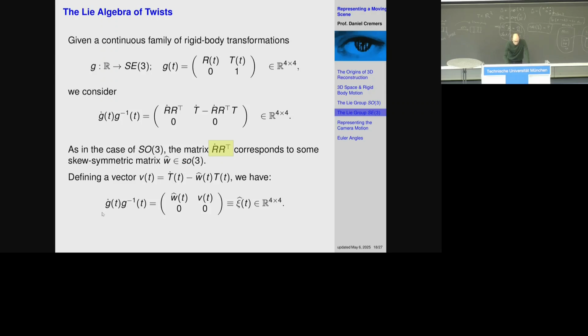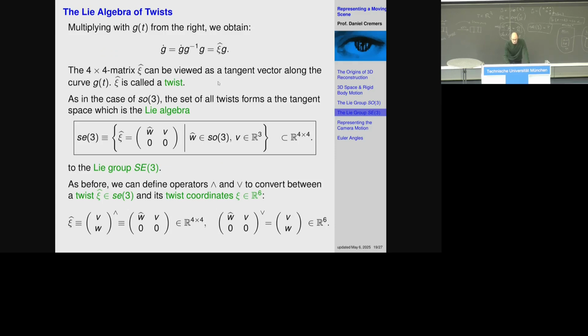And now if we multiply G from the right-hand side to this equation, like we did in SO3, same structure, we get again this differential equation that says G dot equals Xi hat times G. And so that characterizes the temporal derivative of group elements over time is proportional to G, where the proportionality factor is a 4x4 matrix, Xi hat, which is traditionally in the literature called a twist.